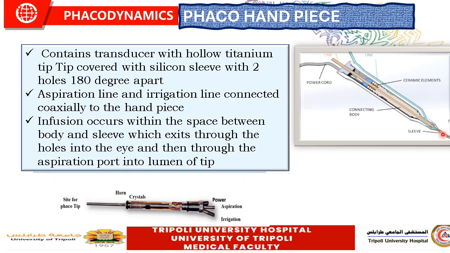It pours the irrigating fluid into the anterior chamber. However, the aspiration line is connected through the Phaco needle and goes through the shaft and the lumen of the titanium handpiece, and is connected posteriorly by the aspiration tubes to the aspiration pump. This is the main content of the Phaco handpiece.